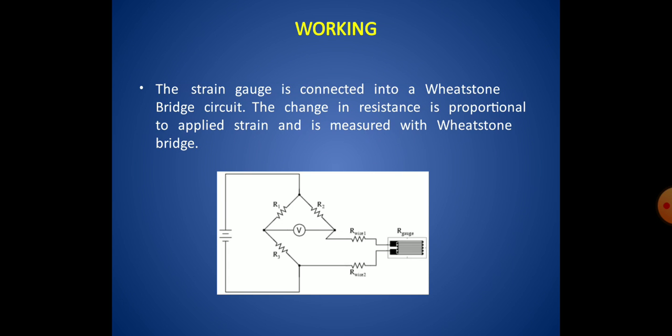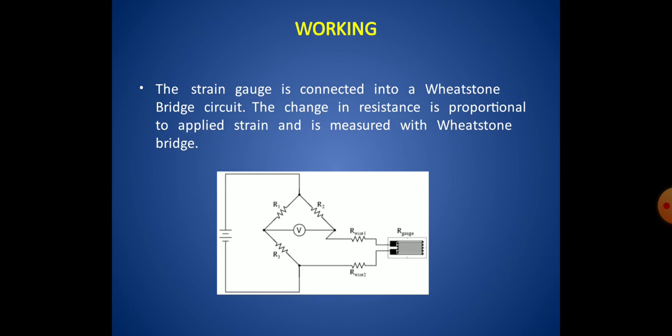Here you can see that the strain gauge is connected to the fourth arm of a Wheatstone bridge. Only one strain gauge is connected, that is why it is called a quarter bridge. If you connect two strain gauges in the same Wheatstone bridge, it is a half bridge. If four strain gauges are connected, it is called a full bridge.